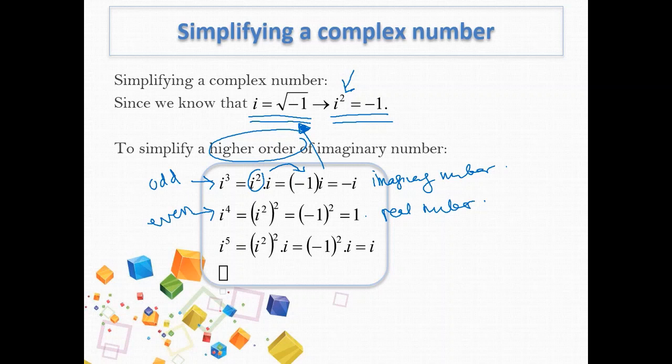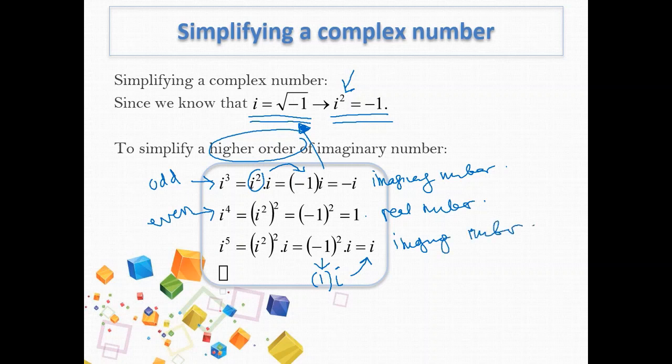You can simplify this to i squared to the power of 2, which gives you i to the power of 4, multiplied with i, that gives you i to the power of 5. When you simplify i squared to the power of 2, that gives you 1. So 1 multiplied with the remaining i gives you i. So this is an imaginary number.